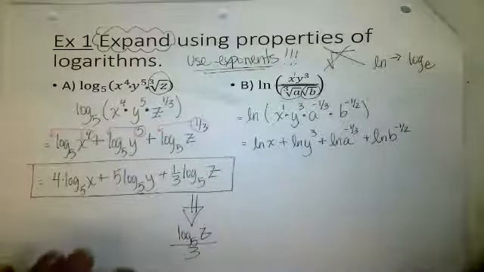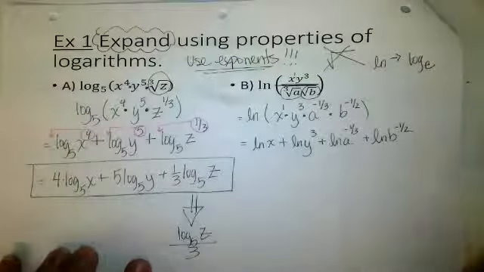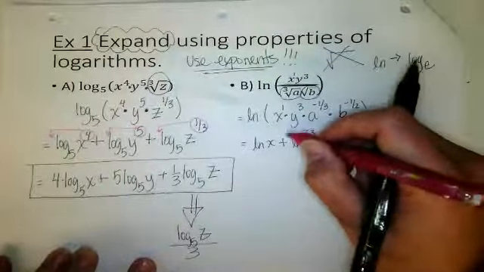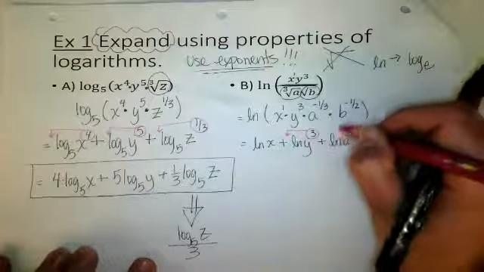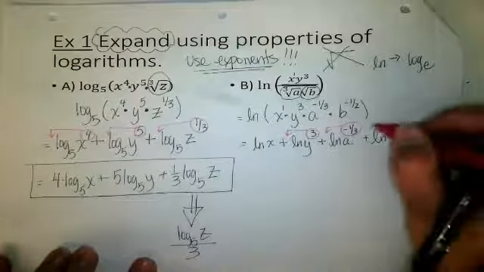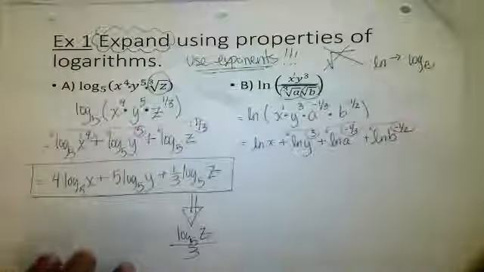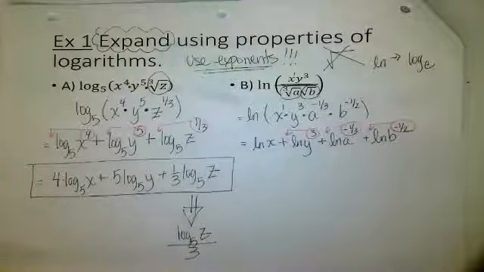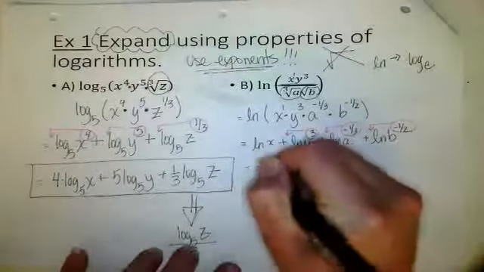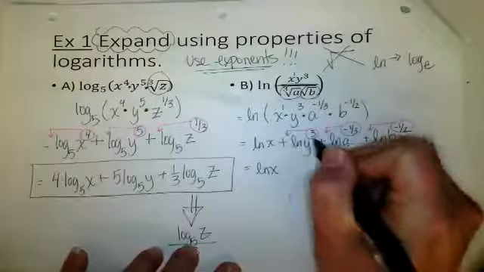All right. What else can I do on this problem? Power play. Love that. So our powers are going to drop in front. You'll notice, where does the quotient property have subtraction? Where does the subtraction really come from? Your negative exponent. That's exactly right. So we have the natural log of x. Here, that 3 drops down.